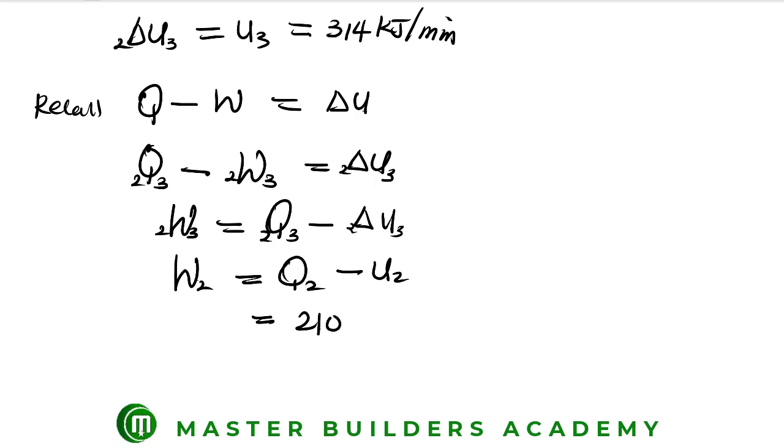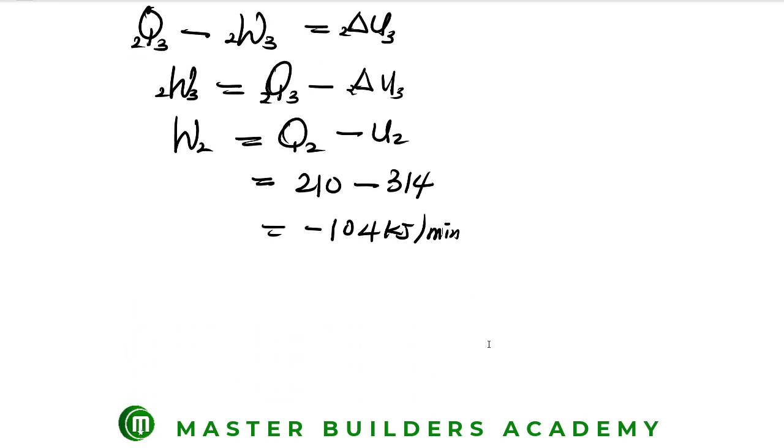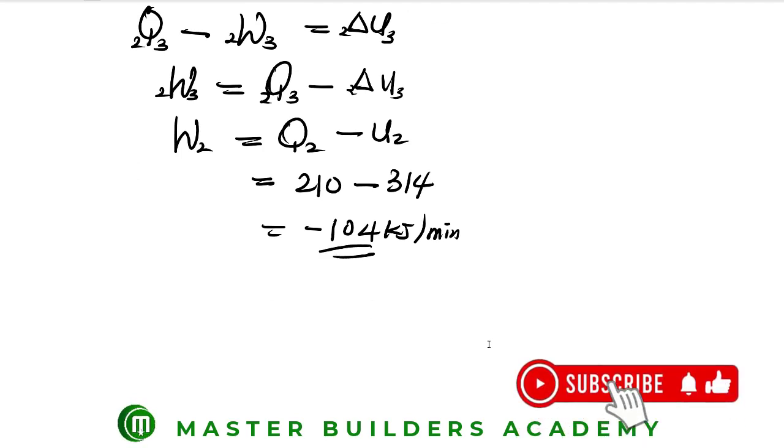We're given 210, and for the other value we're given 314. All we need to do is subtract 314 from 210 on our calculator, and if we do that, we have negative 104 kilojoule per minute. So this is the work done on this process.